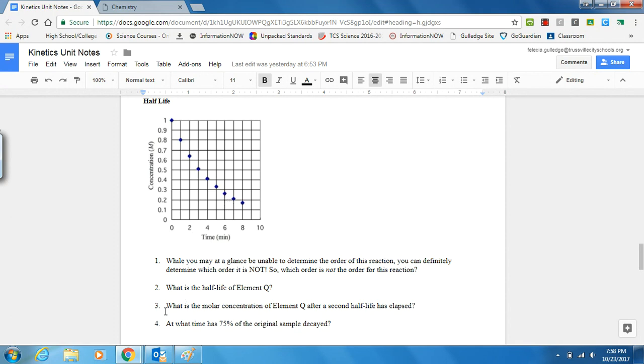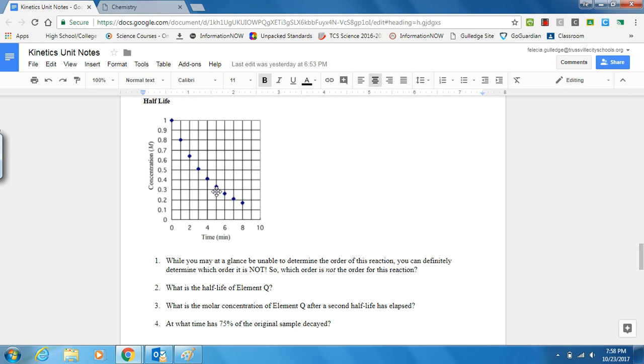Now, number 4. At what time has 75% of the original sample decayed? This is a little bit tricky. If 75% has disappeared, how much of that percentage has remained? Well, if 75% has disappeared, that means 25% remains.